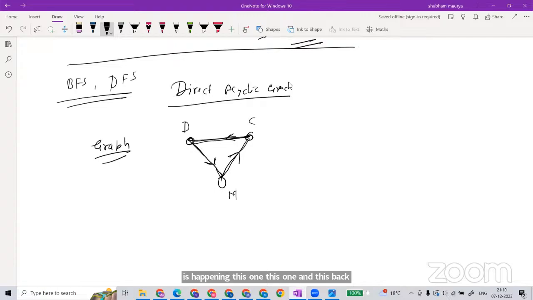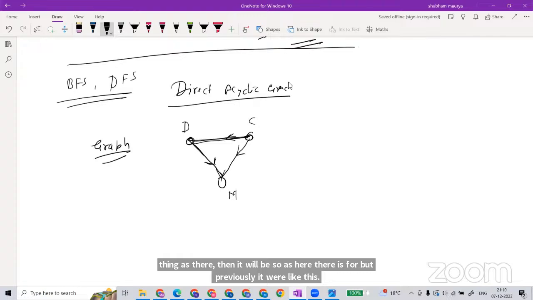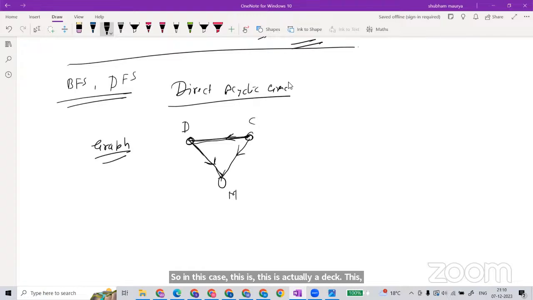Cycle means that from a different path you are able to reach the same vertex. If such a thing exists, then it becomes a cyclic graph. But previously it was like this, so in this case this is actually a DAG. There is no cycle in this graph. This is the meaning of DAG.